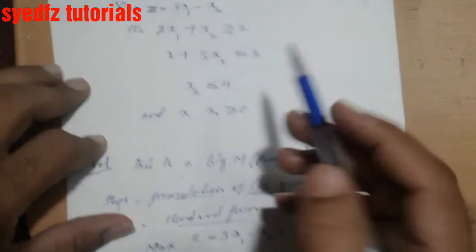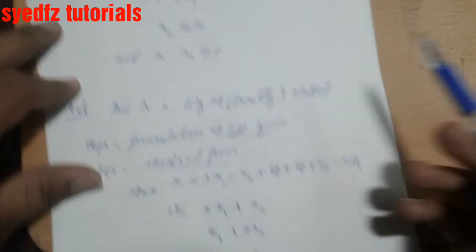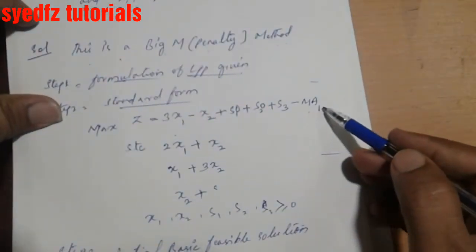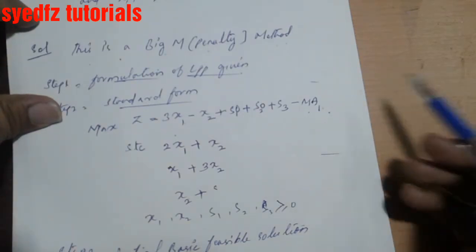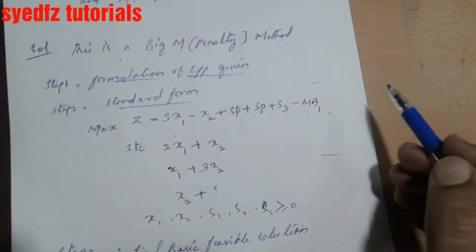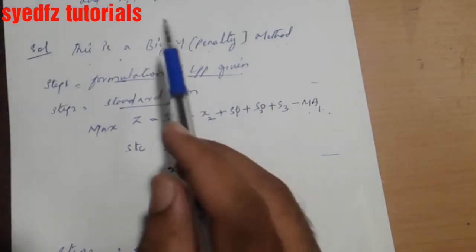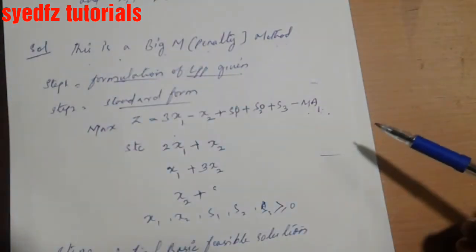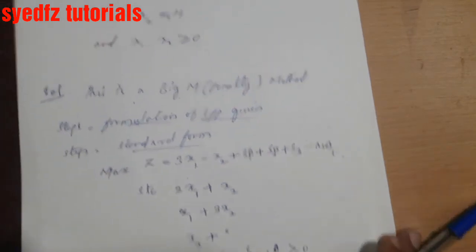For example, if there is 1 less than and 2 greater than, we have to take minus MA1 and minus MA2. If there is only a single greater than, that's why we are taking MA1. If there are 2, definitely take another MA2.